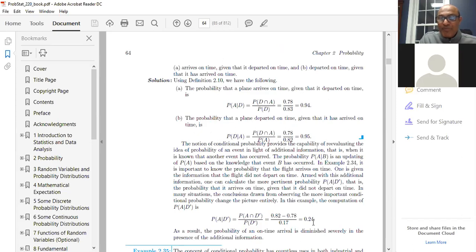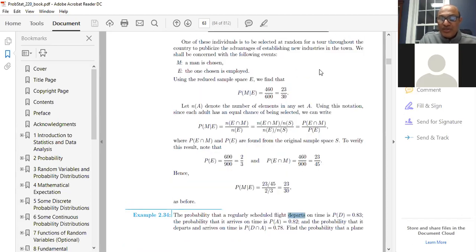Find the probability that a plane arrives on time, given that it departs on time, and departs on time, given that it arrives on time. So we are asked to find two types of probability.